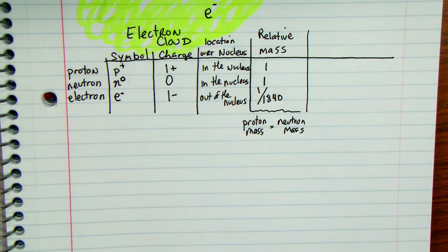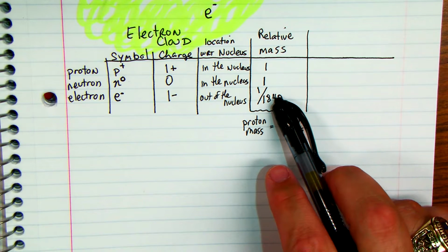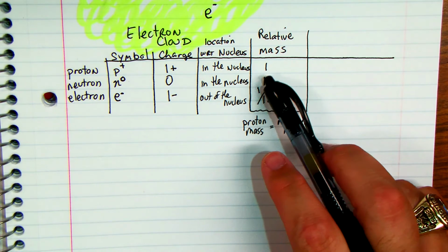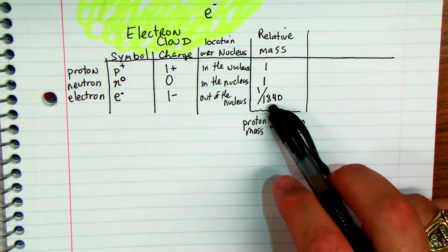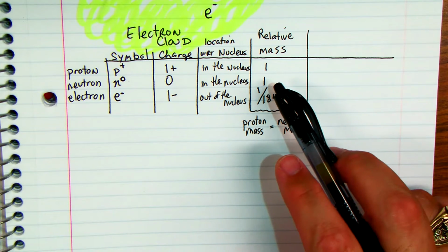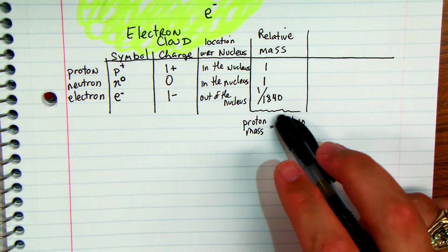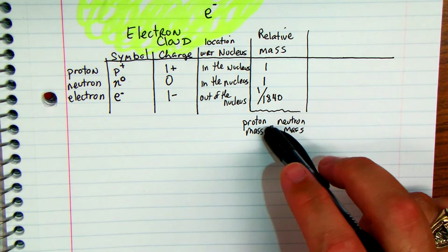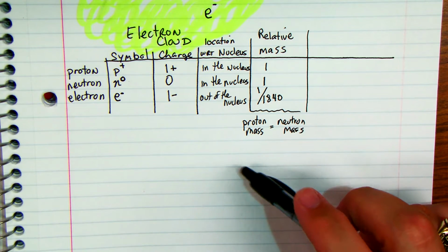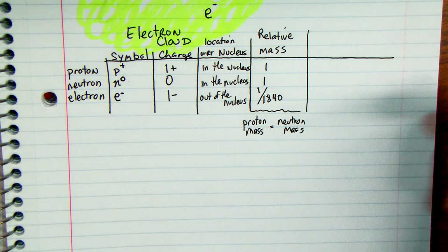And this is, if you cut up a proton into 1,840 pieces, an electron would be one of those pieces. And you'd have 1,839 of them left over. So an electron is a lot smaller. But in and of themselves, they're all small.